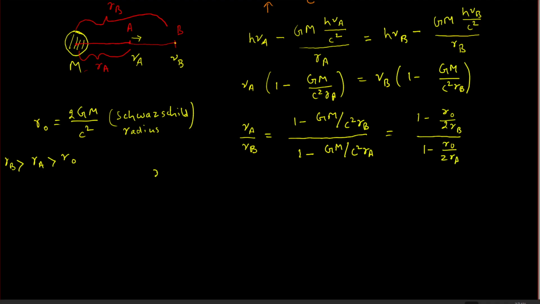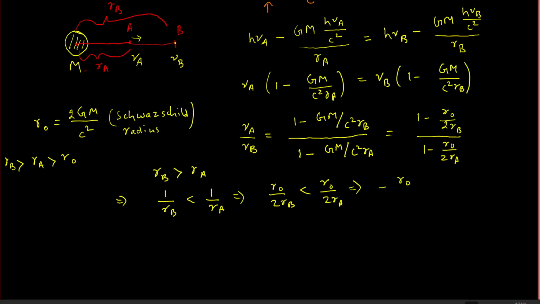Since RB is greater than RA, we will have 1 by RB less than 1 by RA, which implies R naught by 2RB is less than R naught by 2RA.